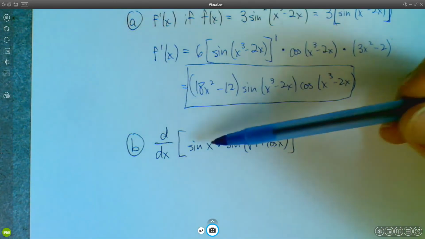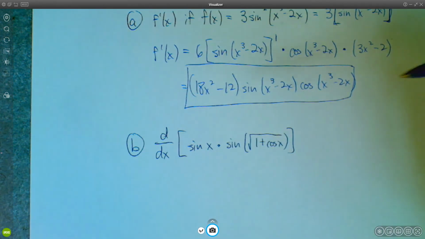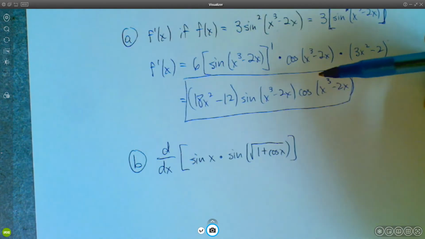Okay, so we're going to have to do a product rule, but then for this second thing we're going to have to do a chain rule as well, and I think it's like a chain within a chain, probably. But let's see.